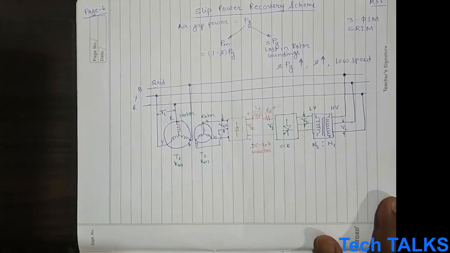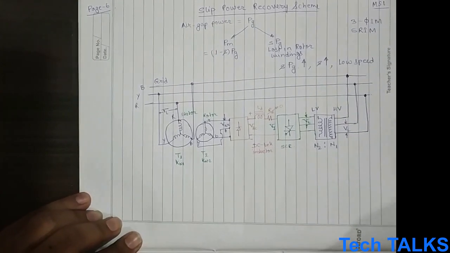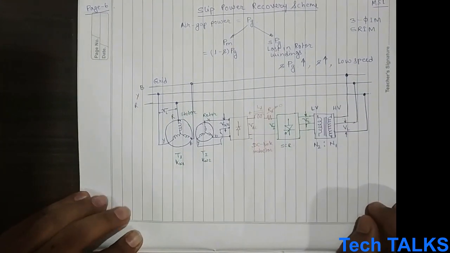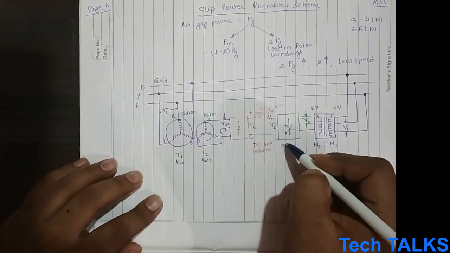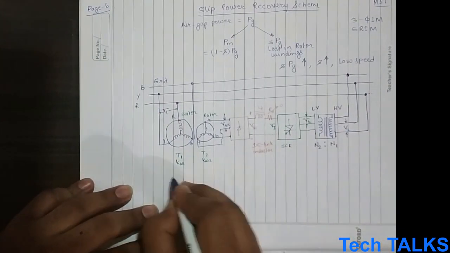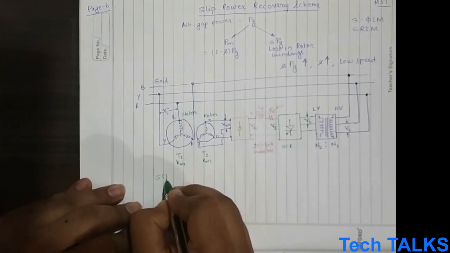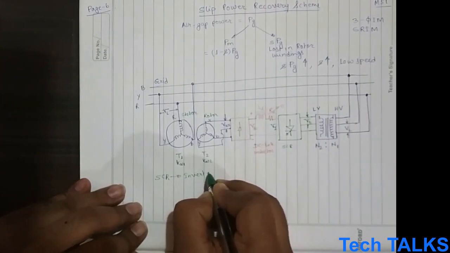So this is the diagram for the slip power recovery scheme. Now we will go into some analysis of this part. Before going into the analysis, be clear on some points: this line-commutated inverter can only operate in inverter mode. This SCR can only operate in inverter mode.